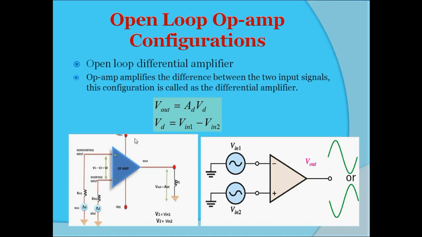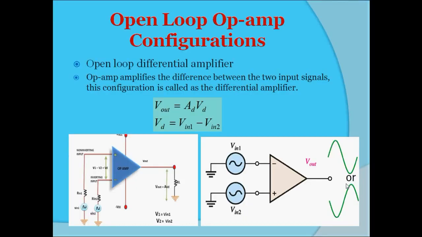We know that the ideal or basic output voltage equation is Vout is equal to AD into VD, where VD is Vin1 minus Vin2. So the output will depend on which signal is greater than the other. Two options of the output have been given here. With respect to which signal has the greater amplitude, the output will be reflected.